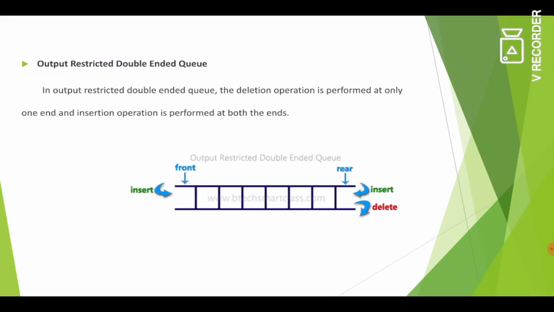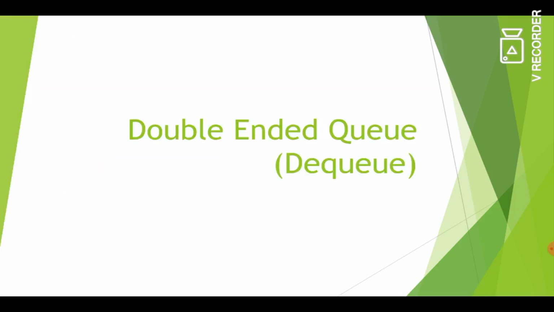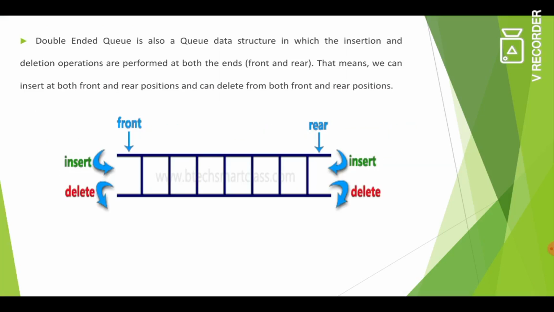Once again, I'm just telling what is double-ended queue. In a normal queue, both the insertion and deletion can be performed at only one end. Usually, insertion takes place at rear end and the deletion takes place at front end. But in DQ, that is double-ended queue, you can perform both the insertion and deletion at both the ends.